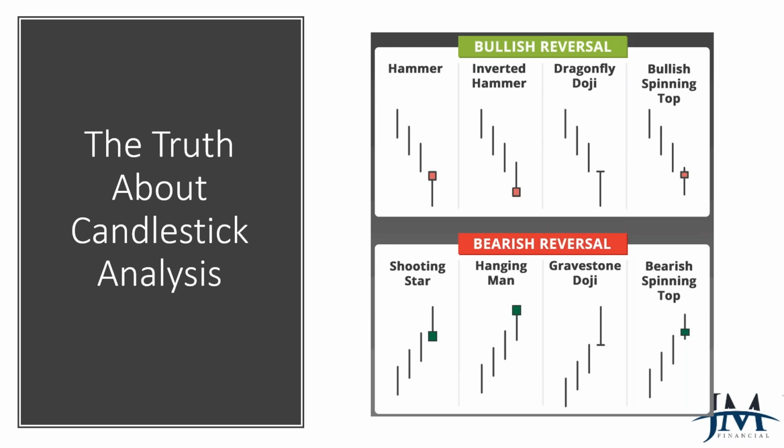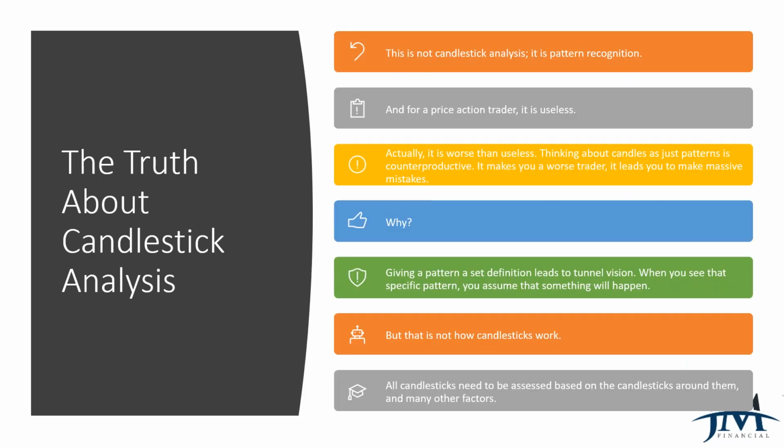And they don't really go on to tell you that it's all just simply interpreting price action, but you have to use it with other tools and you have to understand what the market is actually doing because you can't just trade a shooting star. You can't just trade a bearish spinning top. So this is not candlestick analysis. It is pattern recognition. And for a price action trader, it is completely useless.